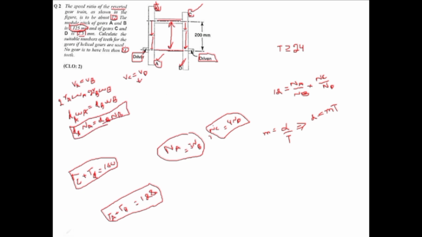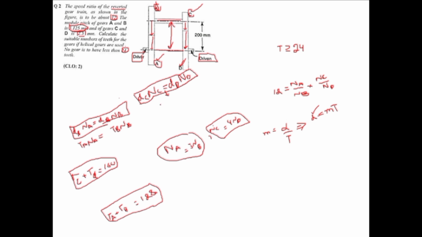Similarly for this, doing the same steps, you will get dc Nc is equal to dd Nd. And again replacing this d term with mt, so mta Na is equal to mtb Nb. So this m and m will get cancelled out.